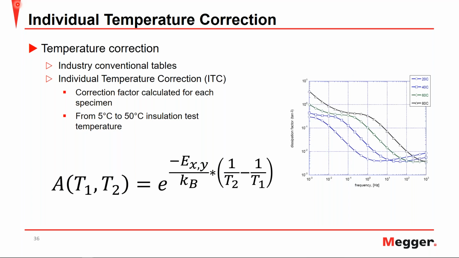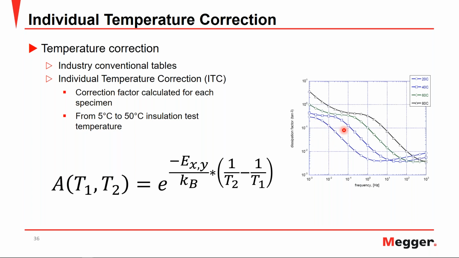Individual temperature correction, or ITC, allows for accurate temperature correction between the ambient temperature range of 5 degrees C and 50 degrees C. The way it works is based on the Arrhenius equation here, but we can look at it graphically. Basically, the shape of the dielectric response does not change very drastically with temperature, but you can see a shift in the frequency.